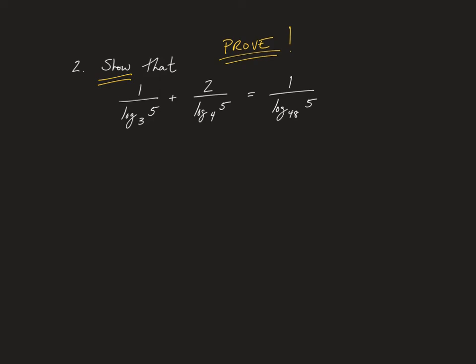So the first thing I can look at is my first fraction is 1 over log 5 from base 3. My second fraction is 2 over log 5 from base 4. Well, it would have been really nice if both of those logs would have had the same base, because then I could have used my properties of logs to manipulate it. They're not the same base.